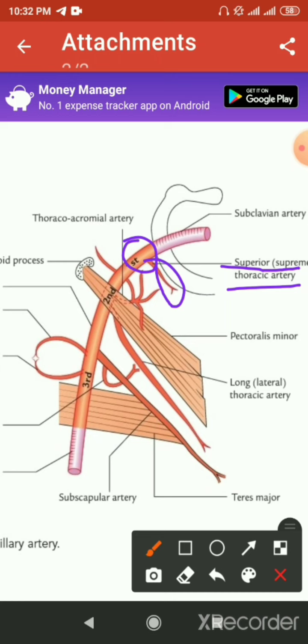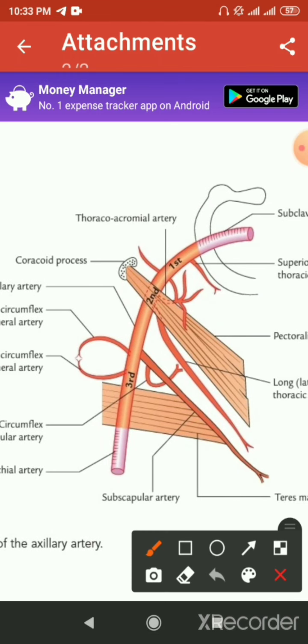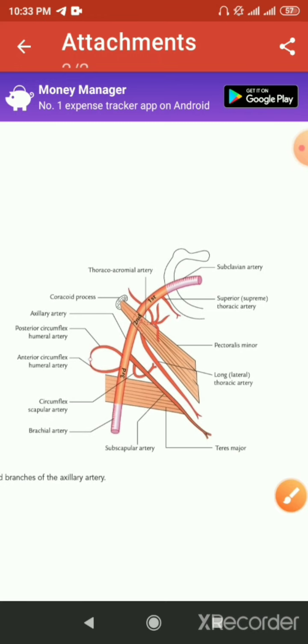This is the lateral thoracic artery, and this is the thoracoacromial artery. And from the third part 3 branches come. These are the anterior circumflex humeral artery, posterior circumflex humeral artery, and subscapular artery. So that's all about the axillary artery.